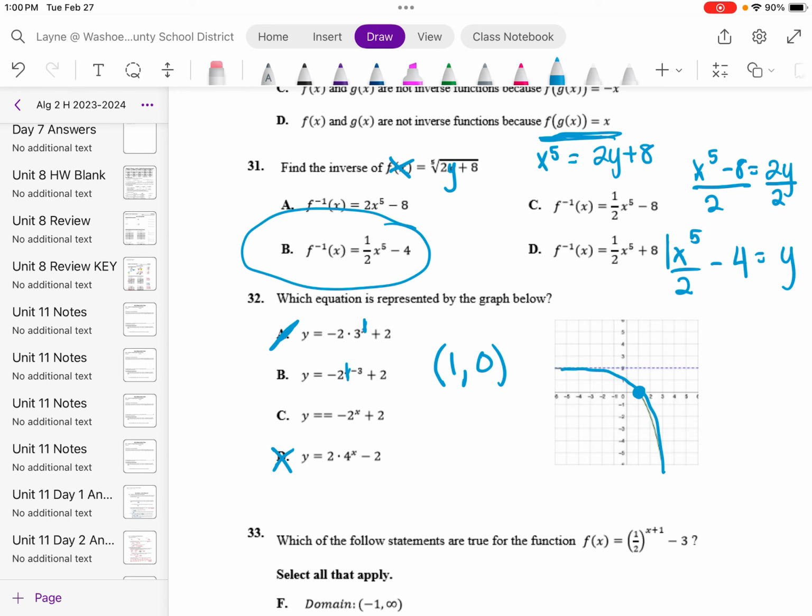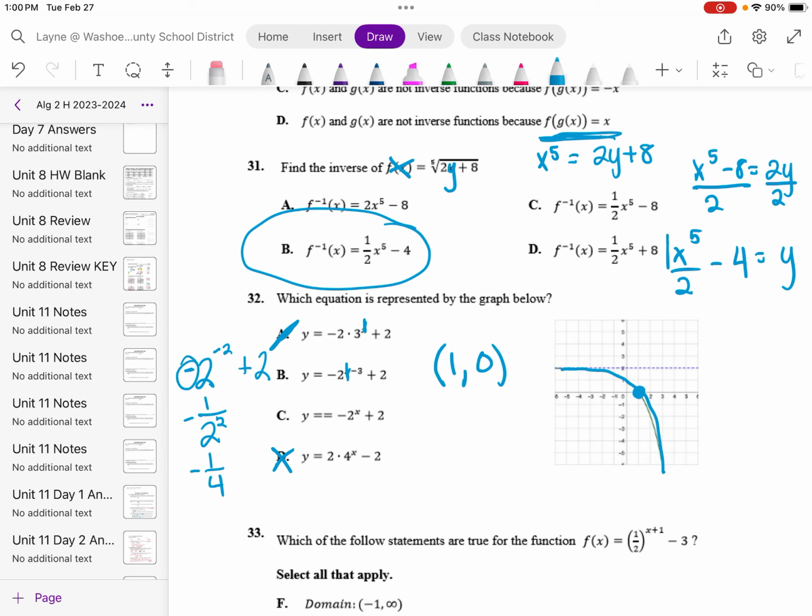Negative 2. 2 to the negative 2 power is going to be a little ugly. So 2 to the negative 2, let me just write this out. This will be 1 over 2 squared, which is going to be 1/4.